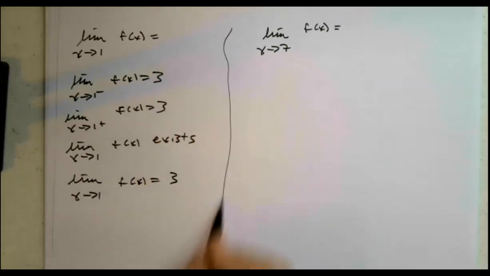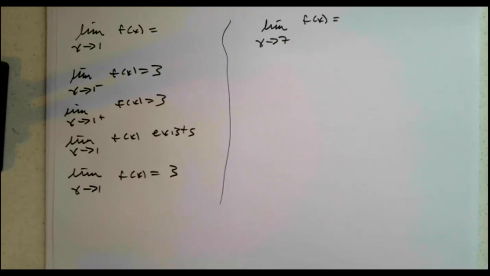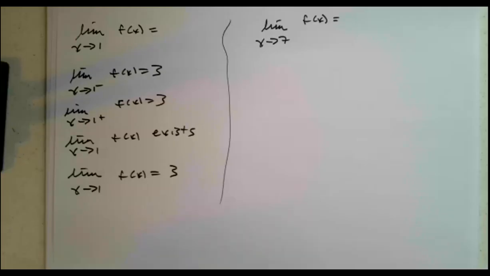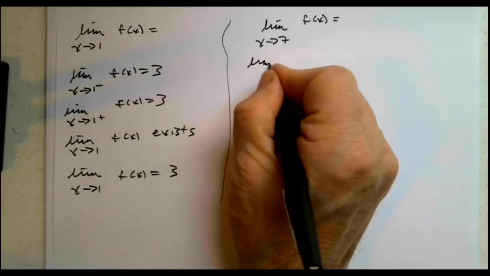We get that. How about the limit as x approaches 7 of f of x? Let's go back and look at that. So we're approaching 7, getting closer and closer to 7. What are the y values getting closer and closer to? Looks like they're getting closer and closer to 2. Approaching from the right, what are the y values getting closer and closer to? Looks like they're getting closer and closer to 2. Okay, from the left and from the right, it looks like things are getting closer and closer to 2.